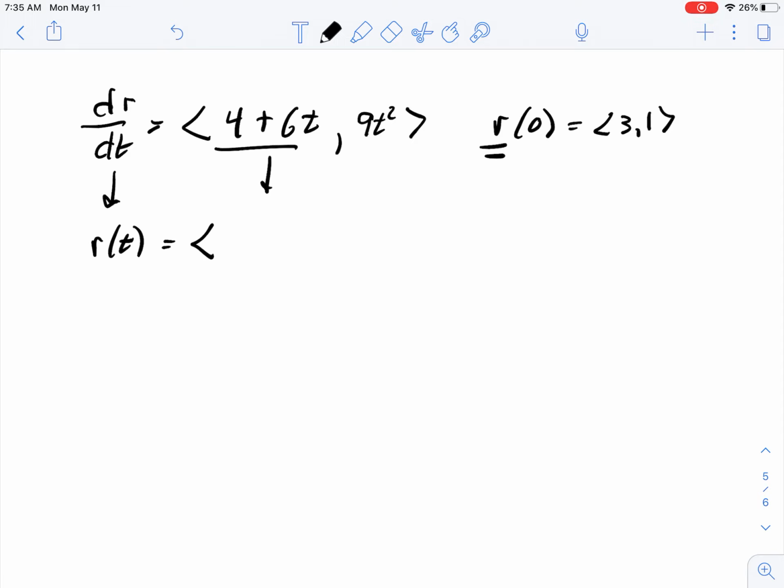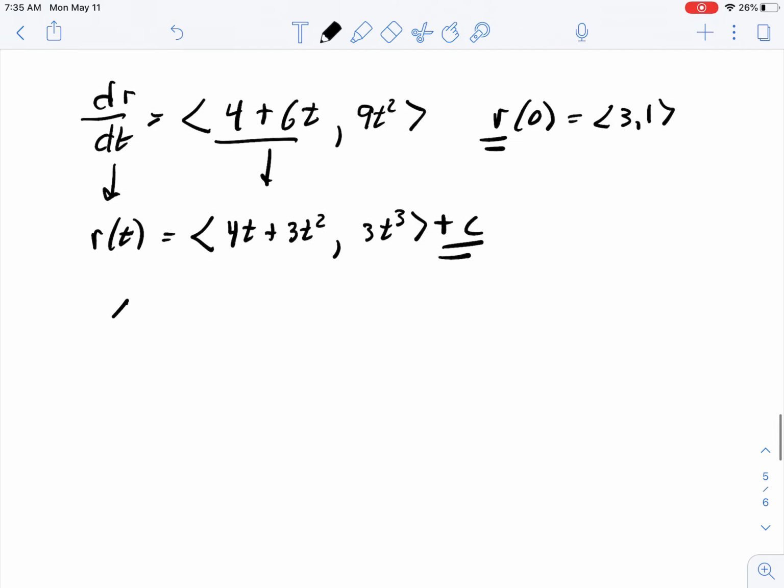would be, now do the antiderivative of each individual piece. You have 4t plus 3t squared, comma, is that 3t cubed? But you have a constant for each one of those. So let's break it down into components.